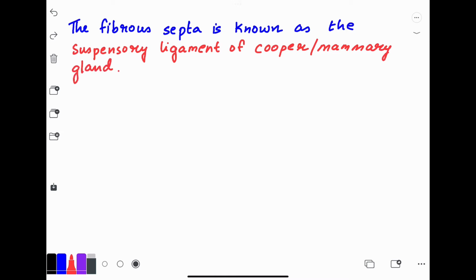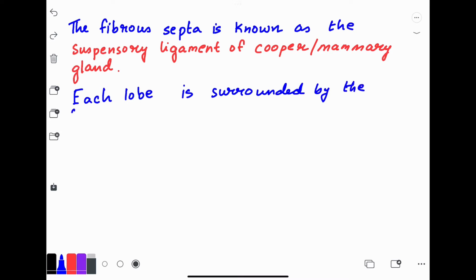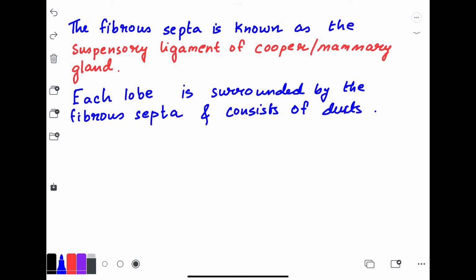Each lobe is surrounded by the fibrous septa, and each of these lobes consists of ducts and glands. Also it is filled with lots of fatty tissue.